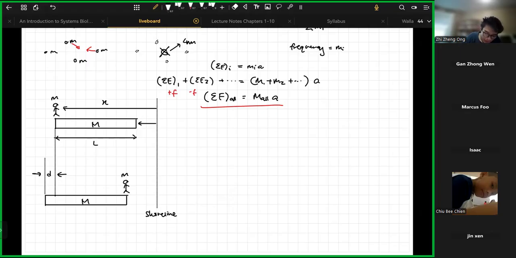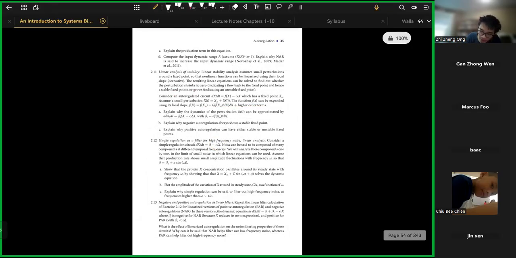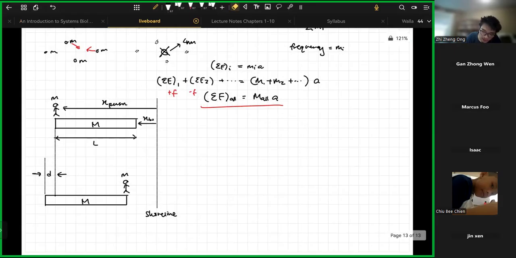X person, X boat. Oops, my bad. Actually, let's just call this X boat. So there's X boat, and then X boat plus L. Actually, I'll just call it x naught, it's easier.